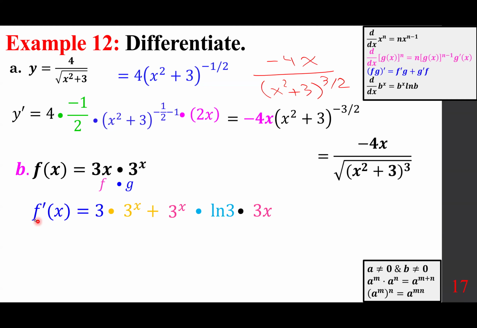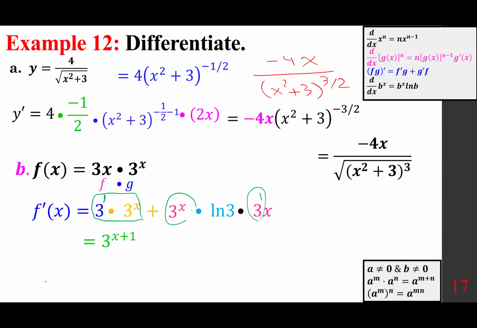So notice a to the power of m times a to the power of n is a to the power of m plus n. Therefore, this has exponent 1, and this is 3 to the power of x plus 1. This one has exponent 1, and the same thing when we put these two together.